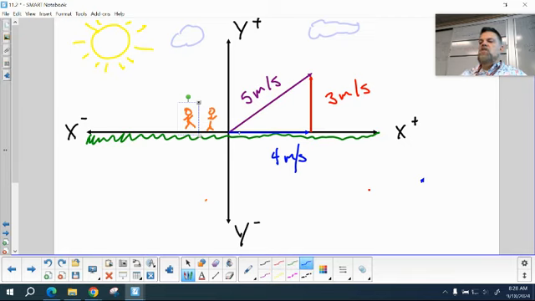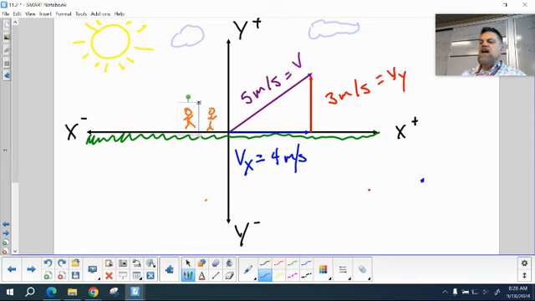So this is my velocity in the x direction, this is my velocity in the y direction, and lastly, this is my velocity. Does that make sense?